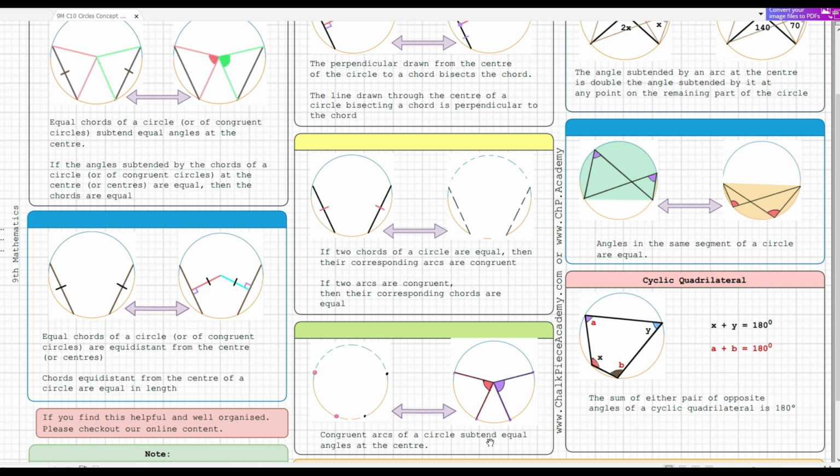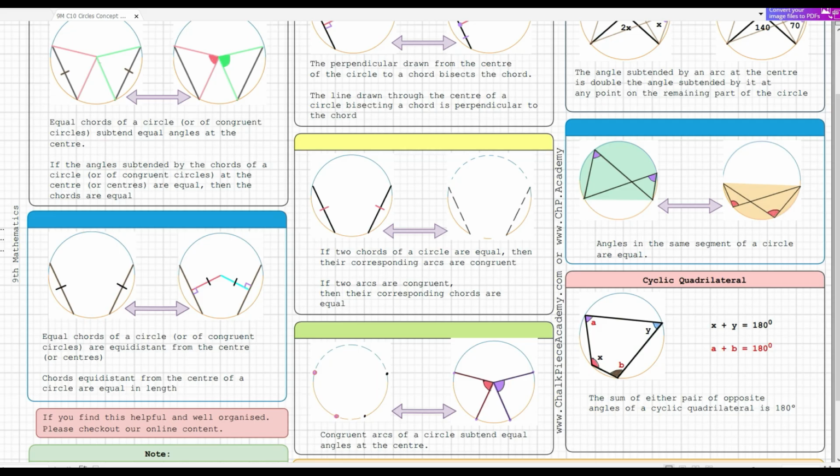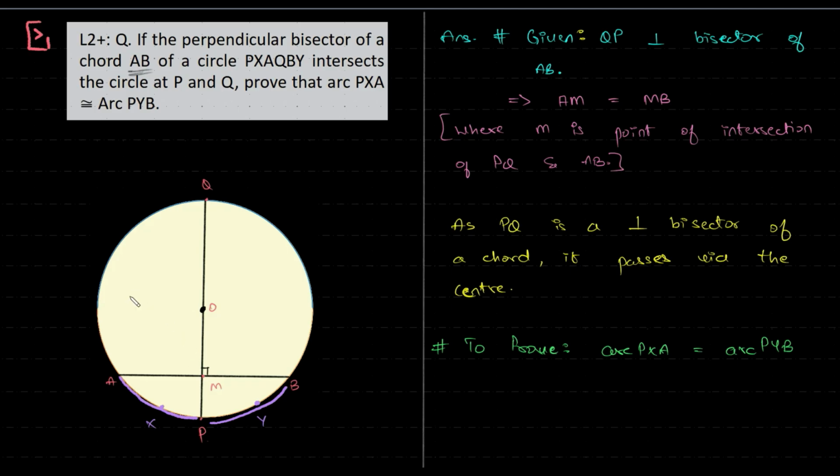Congruent arcs of a circle subtend equal angles at the center. Here we have to prove what? Read the theorem again. We have to prove the converse. We'll be using that: equal angles at the center subtend equal arc length. So basically, think, what is it that we have to prove?